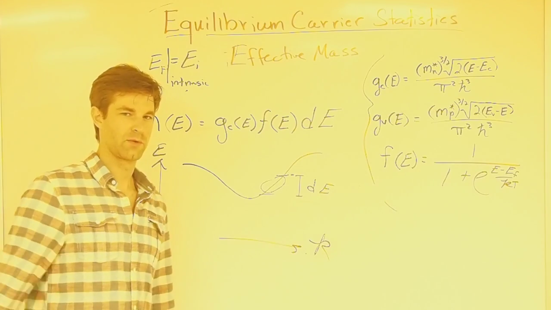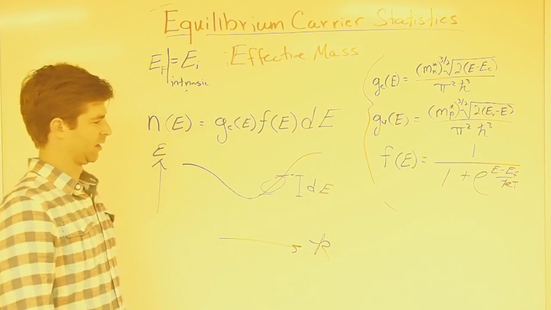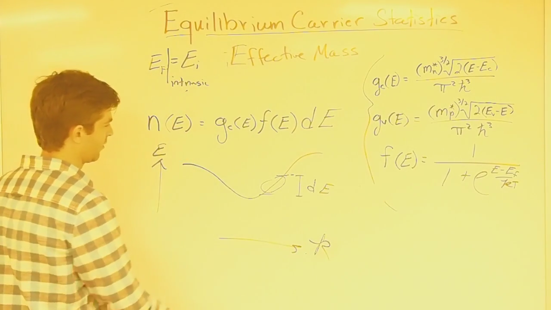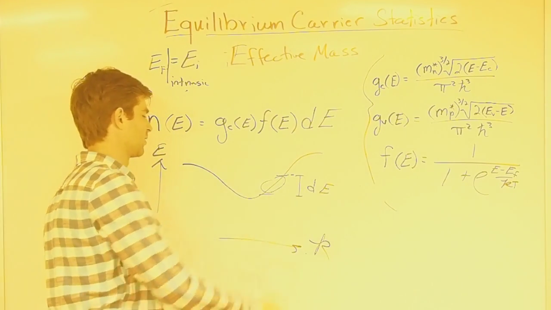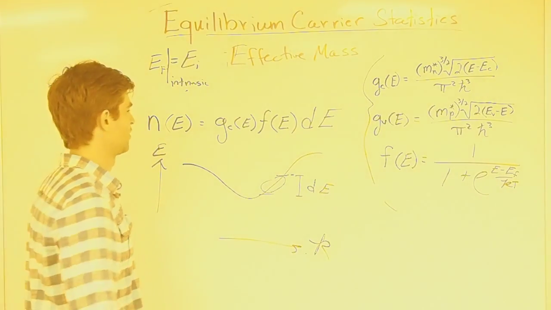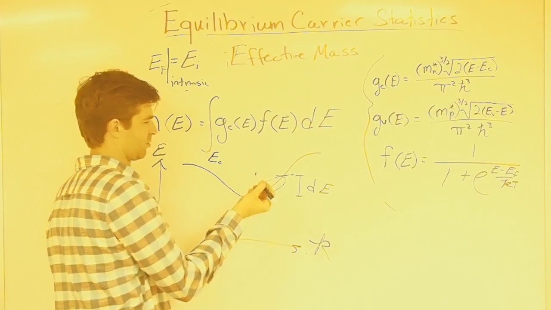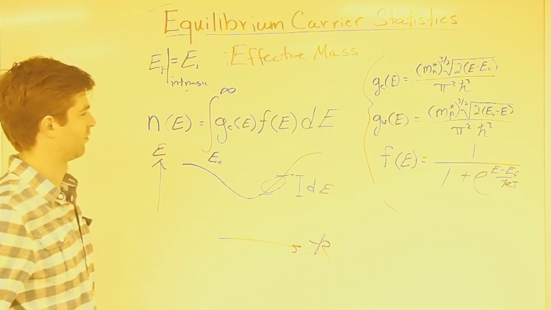Actually, we're going to look for a general term for this, but we're going to start with just this right here. So that's how many electrons are there. If I want to find out how many electrons are in this entire conduction band, I'm just going to integrate from the conduction band minimum to infinity, just assuming that it goes on forever.